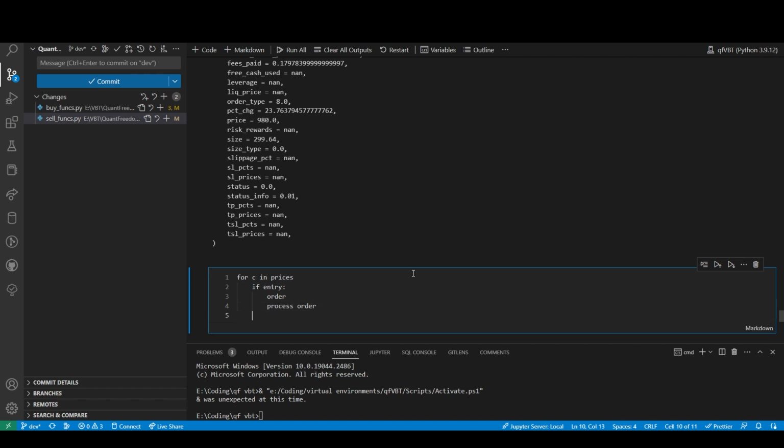And then you have to come down here and say if C low is greater than or equal to order dot TP prices, then execute order, like close order, and then process order.